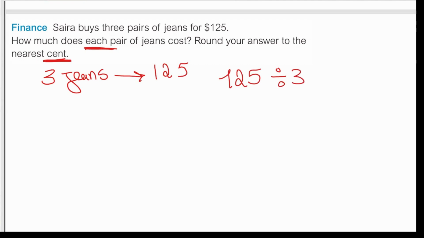So 125 divided by 3 is going to be 41.6 repeated. So rounded to the nearest cent will be 41.67 because you consider this 66 and 66 is closer to 70. So you can say $41.67 for a pair of jeans.